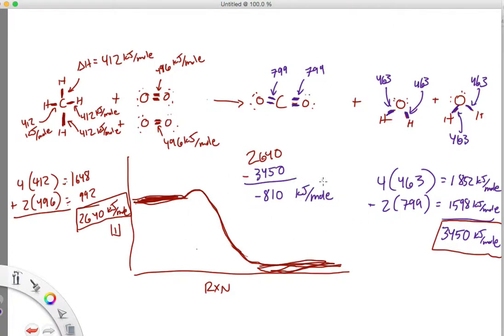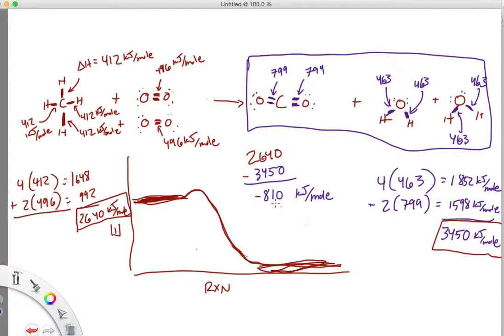So that means that these products are more stable, and you can actually quantify that. You can say it's more stable because it gives off this much energy per mole, which is just an amount of molecules.